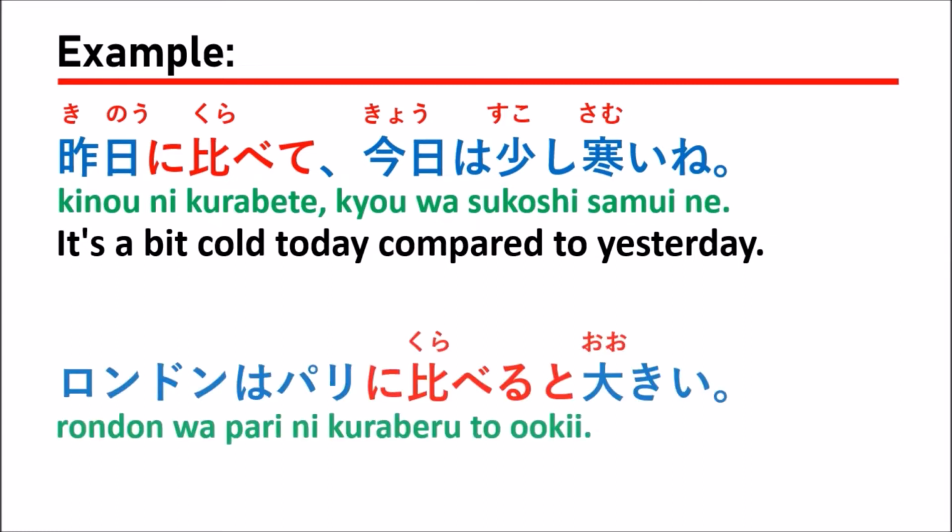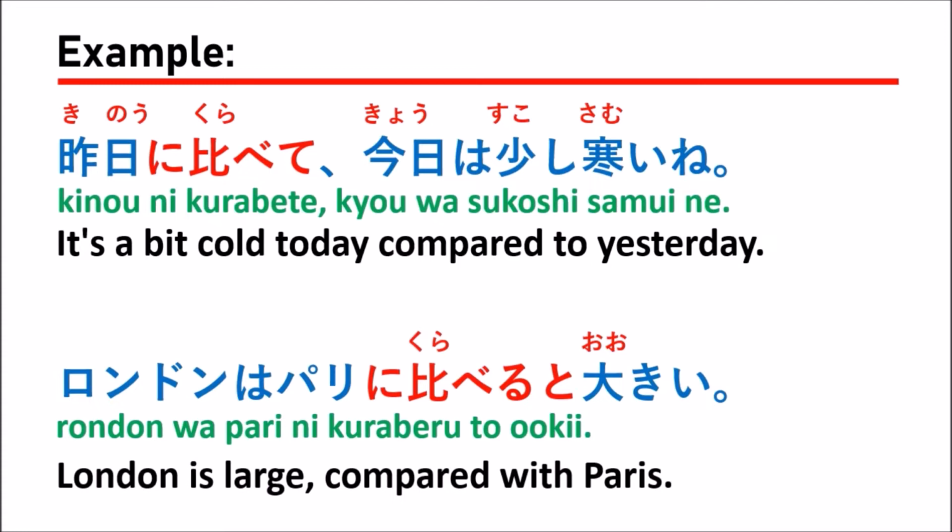The next example. ロンドンはパリに比べると大きい。Which means London is large compared with Paris.